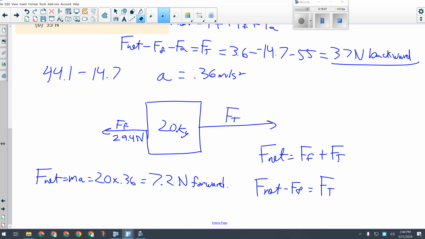Okay, so I've isolated the tension in the rope. 7.2 minus negative 29.4. Pretty sure that comes out to 36.7 newtons or something close to it, and rounds up to 37 anyway. Okay, newtons, but now it's forward. Why?